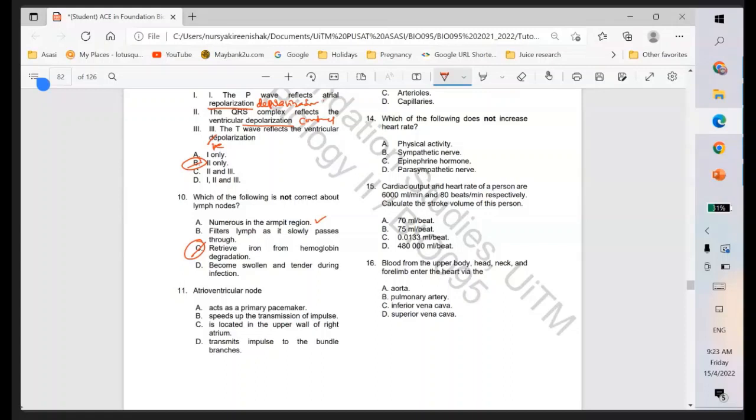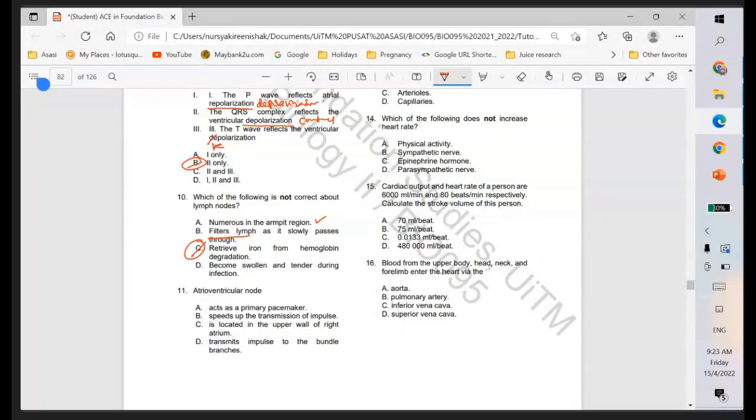So that's why that is one of the functions of the lymph node, to filter lymph. Okay, so the lymph may contain pathogen. Kan? So as the lymph flows through the lymph nodes, by having many white blood cells in the lymph nodes, the lymph will get filtered by the presence of the white blood cells.